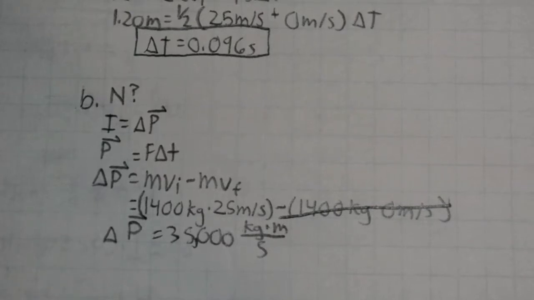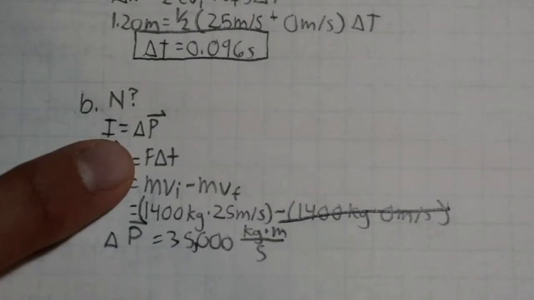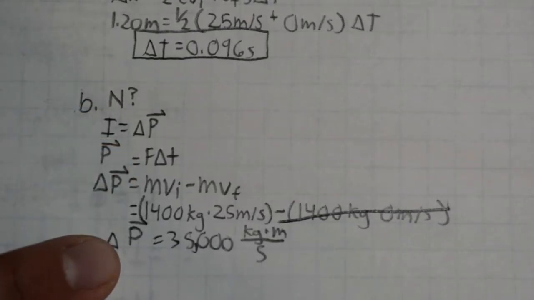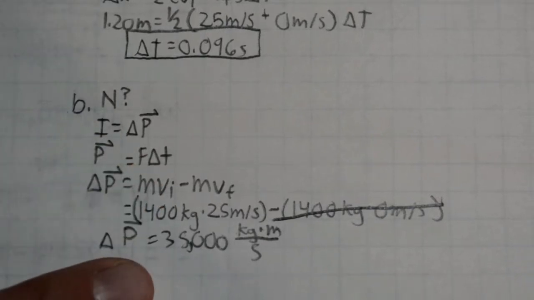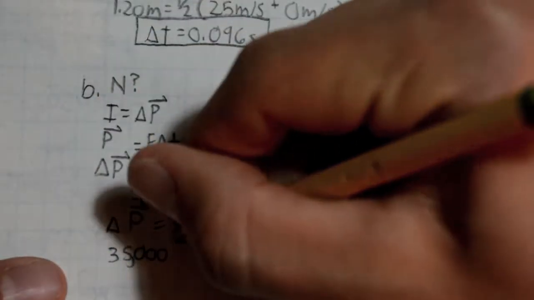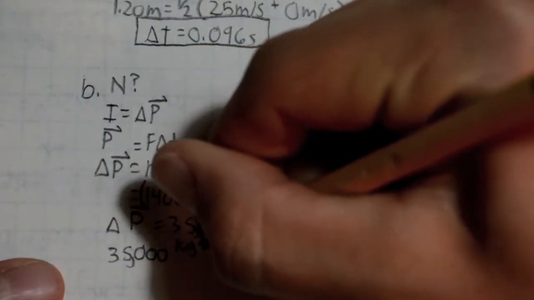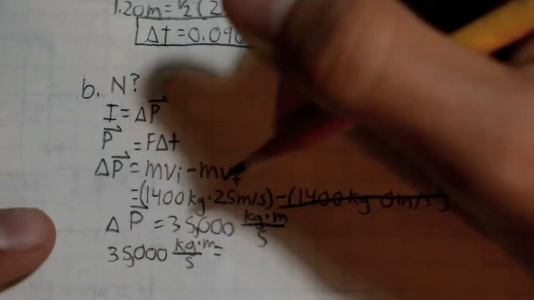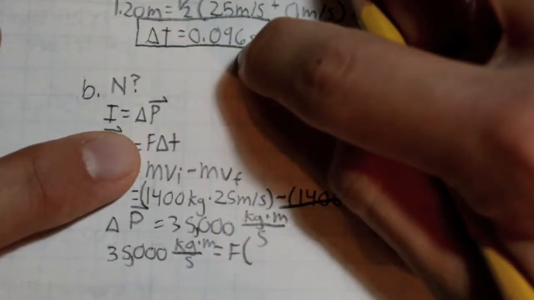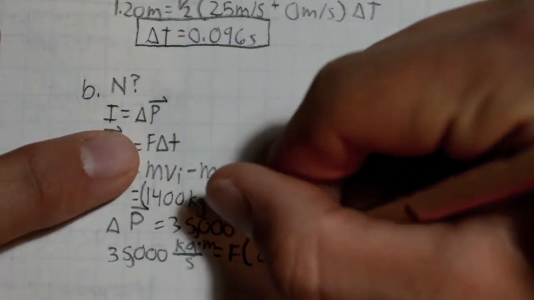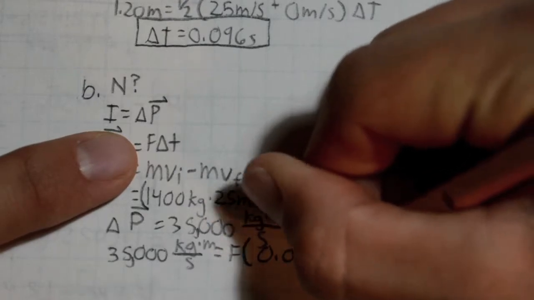That is our momentum, but we're not done here because we're not trying to find momentum. We are trying to find force. However, now that we have momentum, we can find the force by dividing that number by the time. So 35,000 kilogram meters per second equals force, which we're trying to find, times delta t, which we got in the last one. That's 0.096 seconds.